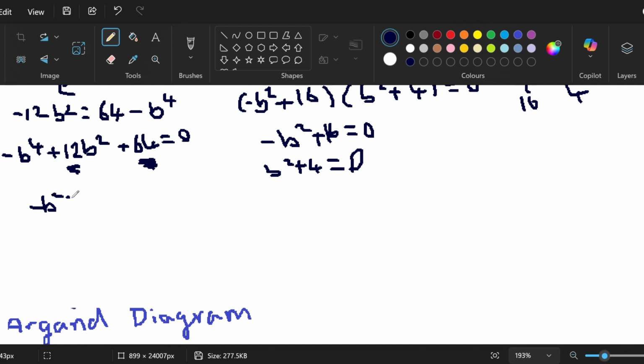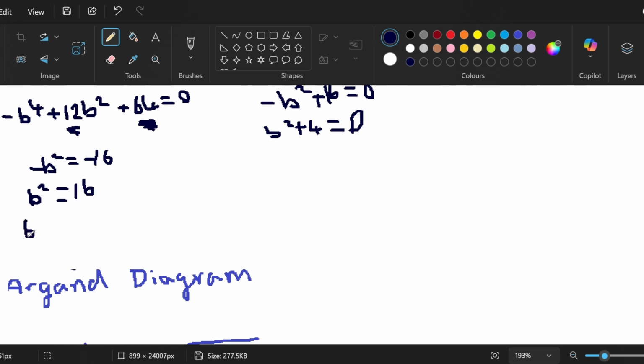Minus b squared would be equal to minus 16. That's taking 16 out from both sides. And I can multiply this all by minus 1, and it'll be the same as b squared is equal to 16. So b could be the square root of 16, which could be plus or minus 4.